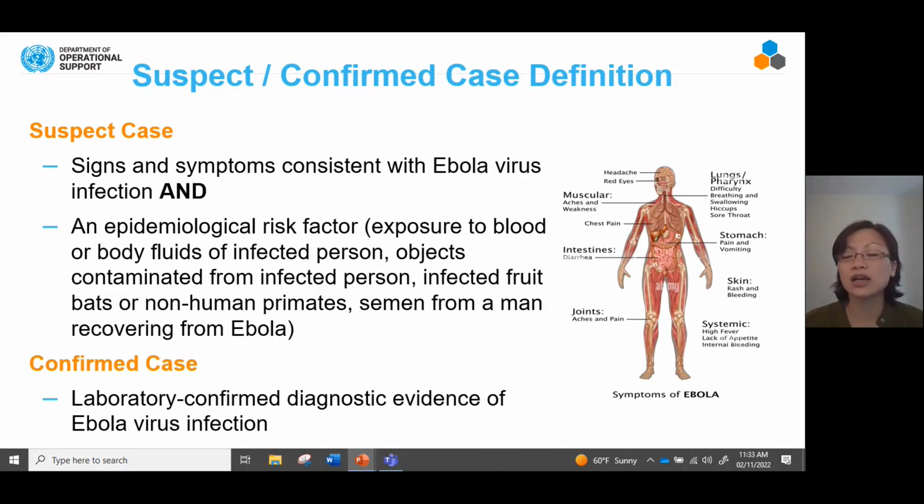So all of these are potential risk factors for exposure. So if you have signs and symptoms and you have these risk factors of exposure, then you have a suspect case on hand. For what's considered a lab confirmed case, obviously, there is a lab confirmed diagnosis and a positive result for Ebola virus.